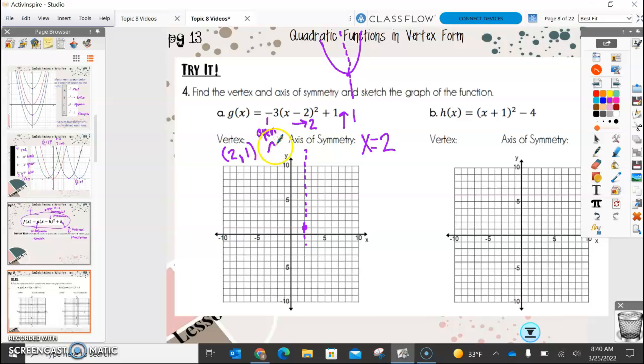It's going to be a frown, if you will. So I'm going to go over 1, but instead of going up 1, like our parent graph would, I'm going to go over 1 and down 3. Because parabolas are symmetrical, we can do this on both sides. And for now, this is enough to graph the sketch. Sure, you could plug in more points and get a little bit more accurate graph, but as long as you label the vertex and show which direction and how much slope that a value gives it, you've graphed your function.